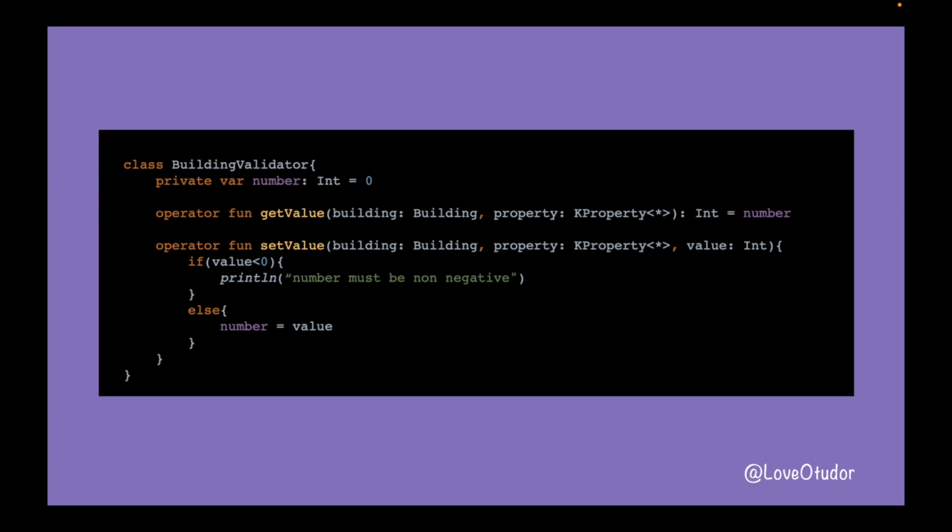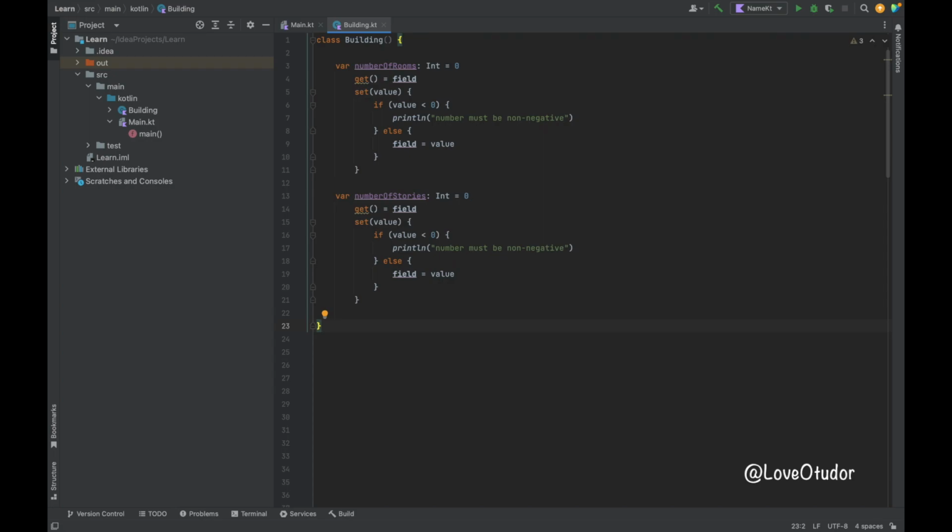Let's get into our IDE and delegate the implementation of getter and setter methods for our properties to a separate building validator object. Firstly, I will create a class called building validator with a property called number.